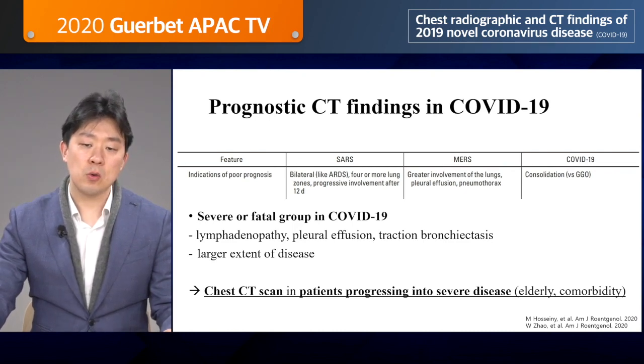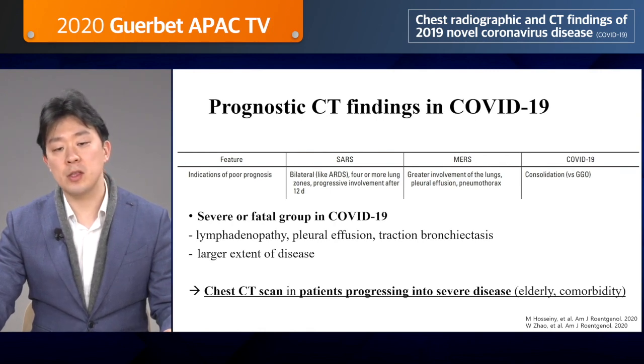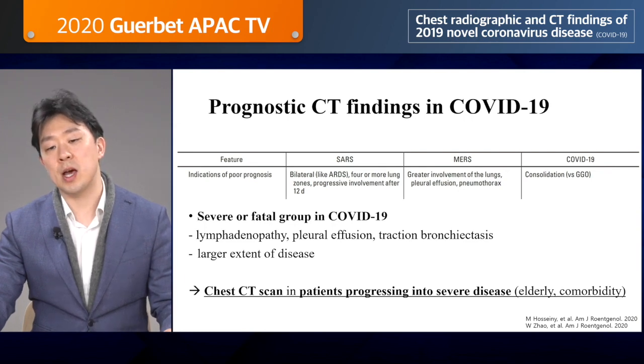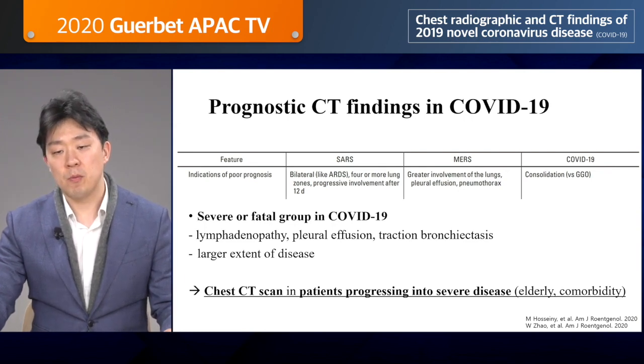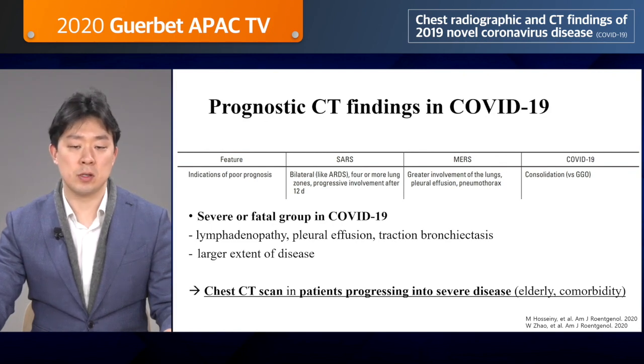Indeed, according to the consensus statement of the Fleischner Society, imaging is indicated for patients with moderate to severe features of COVID-19 regardless of COVID-19 test results, and for patients with COVID-19 and worsening of respiratory status.